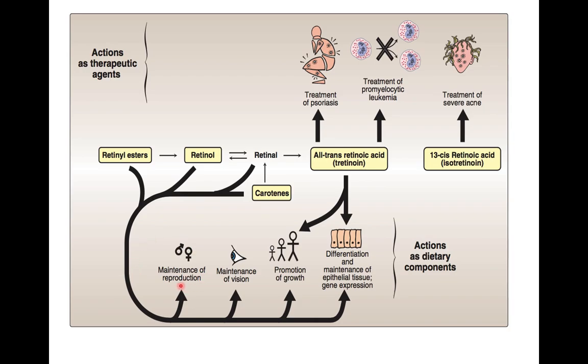For the maintenance of reproductive function, vitamin A is a must. They are also helpful in growth, in differentiation and maintenance of epithelial tissues, and they are responsible for the integrity of skin, particularly retinoic acid.